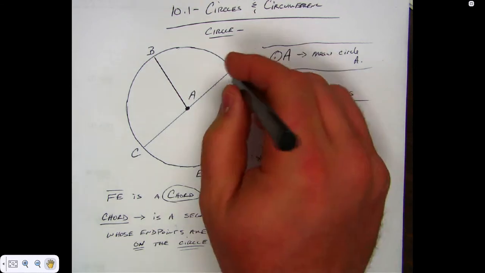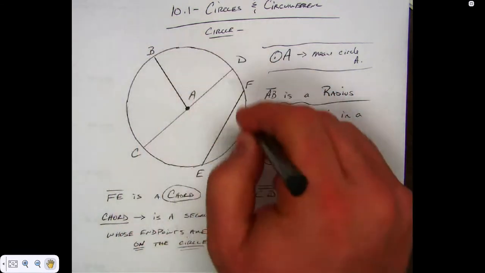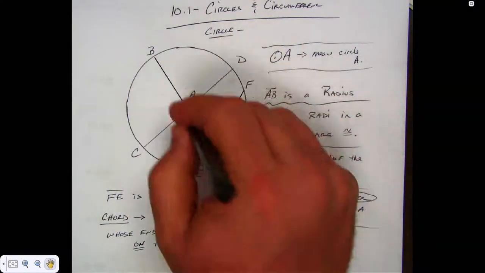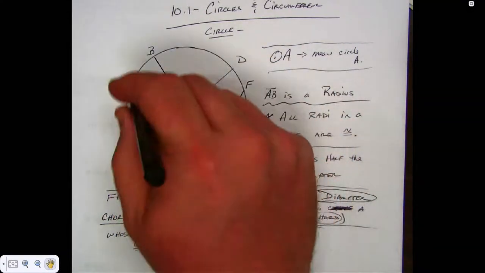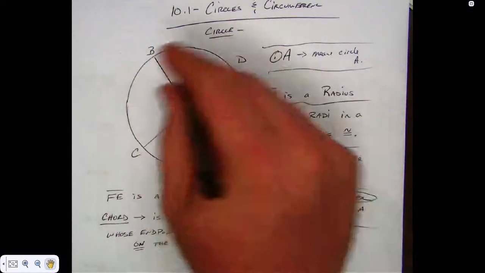Because if you think about it, aren't all these points equidistant from A? And so what happens is it's like you have this string and you keep walking, and the string keeps you a certain amount away each time, doesn't it? The line you draw with your feet is what? Is the circle.